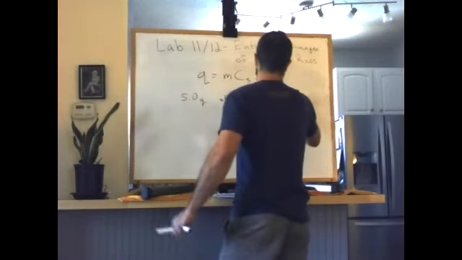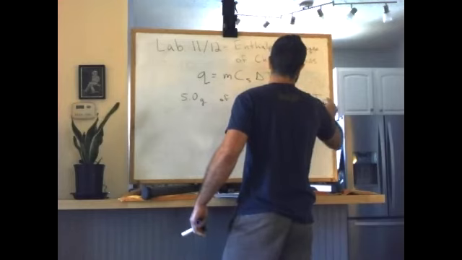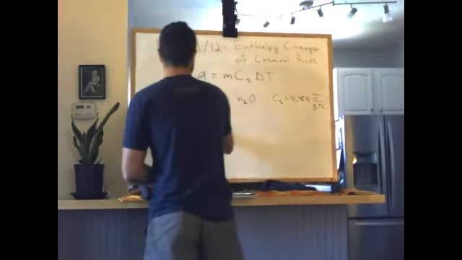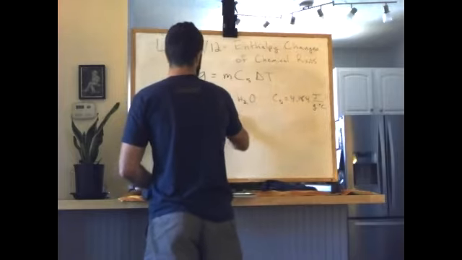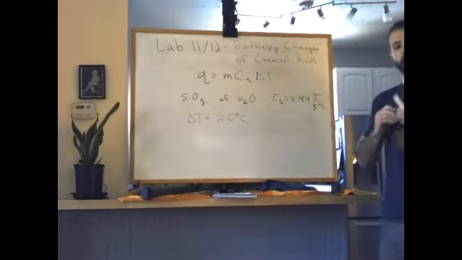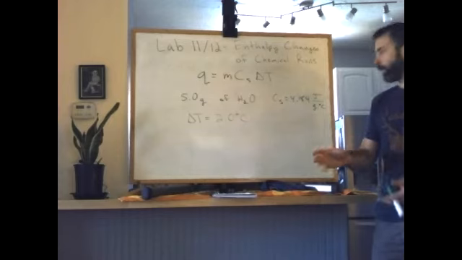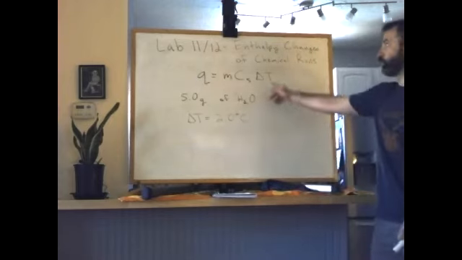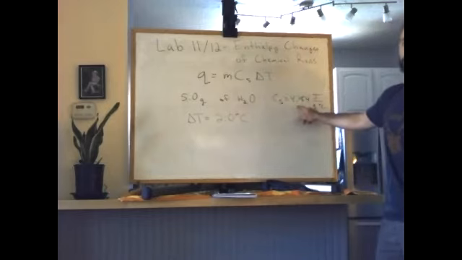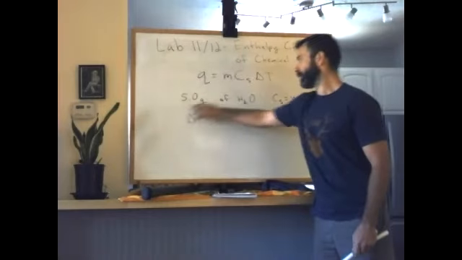Water has a specific heat of 4.184 joules per gram per degree C. And what if we measure a change in temperature of 2 degrees Celsius? So we have 5 grams of water. We put some heat into it, and the temperature goes up by 2 degrees Celsius.